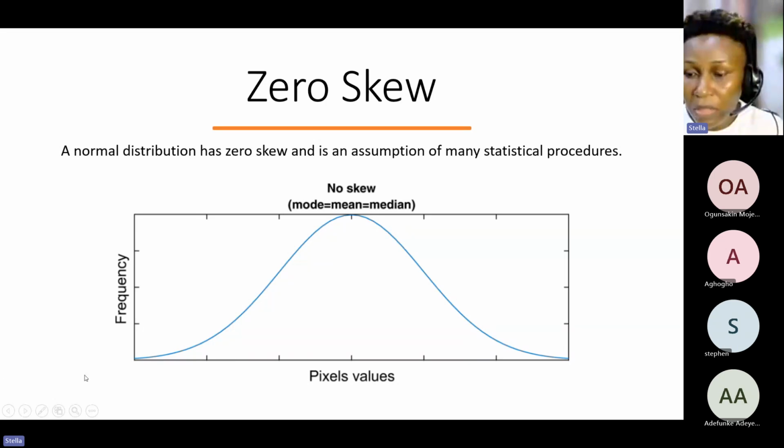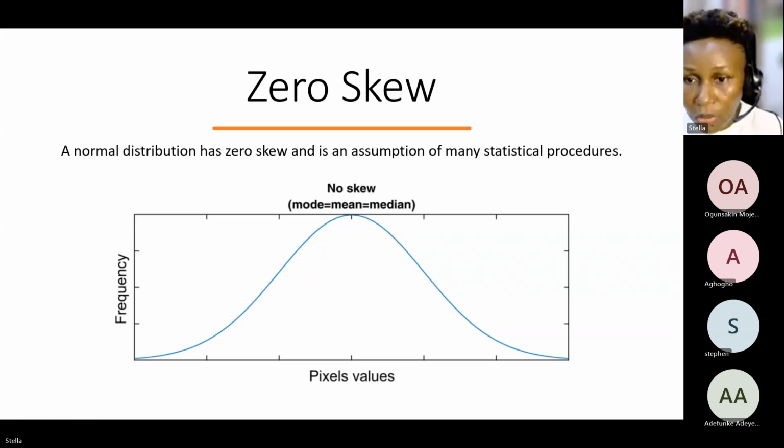Notice how the normal distribution goes. You start with a tail, and then it moves upward and starts falling gradually to the end. In this kind of distribution, you don't have your main data to one side.